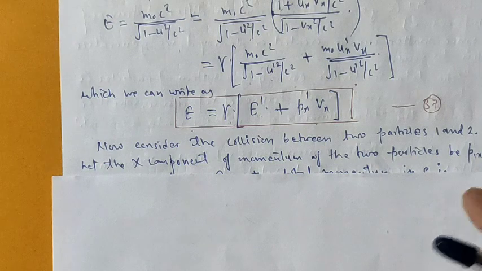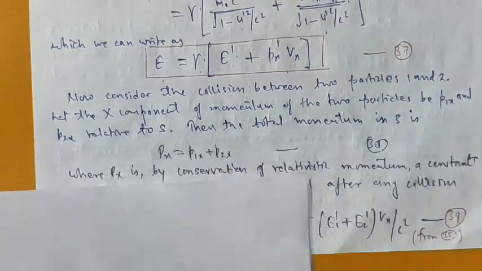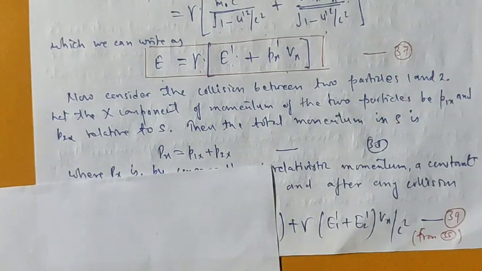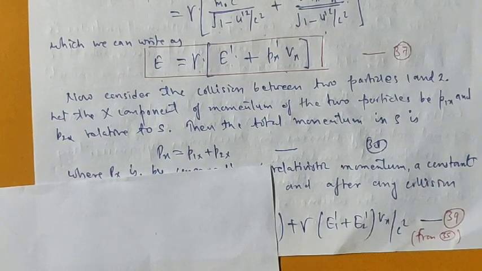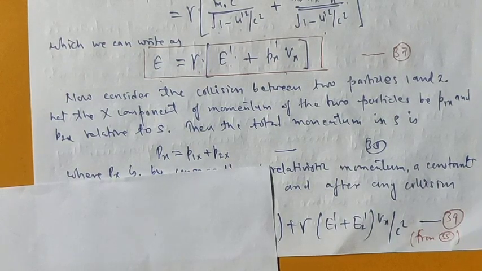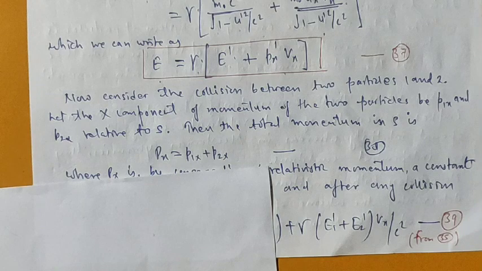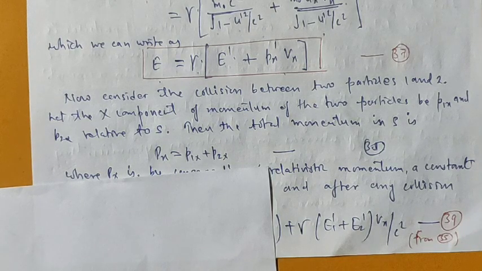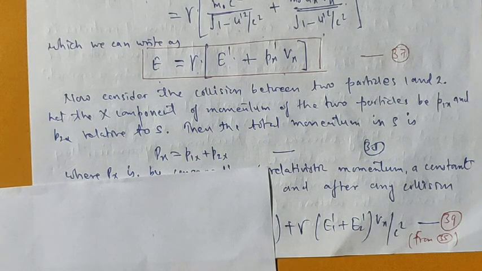Now these two equations, number 35 and 37, show how the momentum and the total relativistic energy are measured from the two different frames of reference S and S prime. So now consider a collision between two particles 1 and 2.